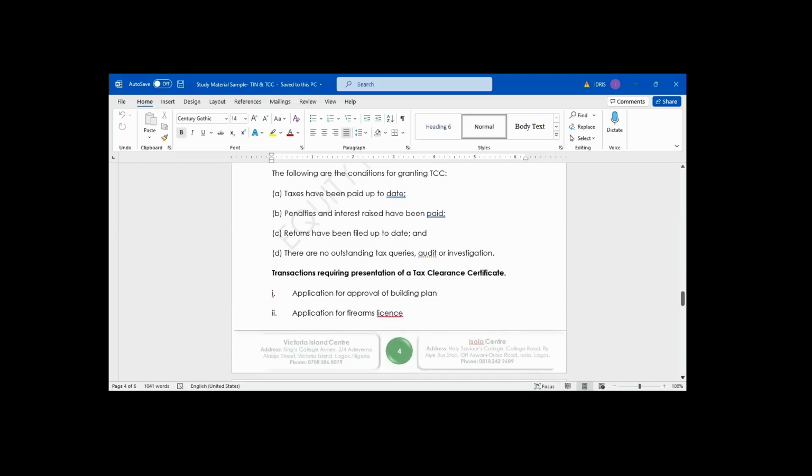What are the transactions required for tax clearance certificate?